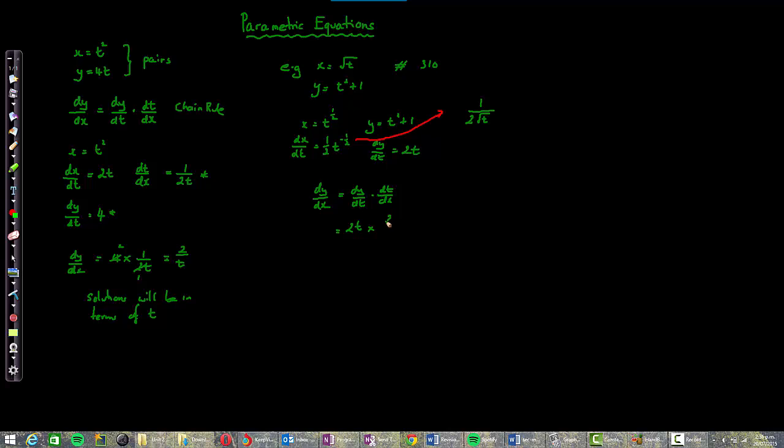So it would be 2 root t over 1. And this is already still over 1, so we end up with 4t times root t. Well, I can combine those powers. That is t to the power of 1 times t to the power of a half, which would be t to the power of 1 and a half, or 3 over 2.